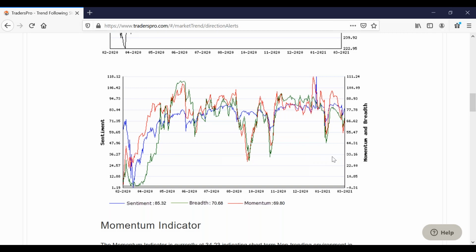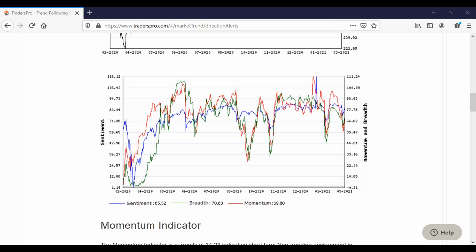By the way, when you have breadth, the green line right here at the top, and you have momentum, which is the red line in the middle, so breadth is above momentum, and momentum is above sentiment, which is the blue line, it usually means you have an energetic market, and you have energetic buyers usually in that kind of situation.